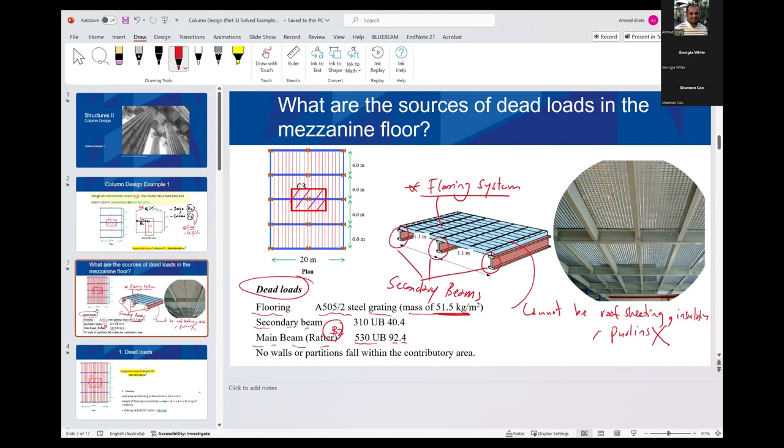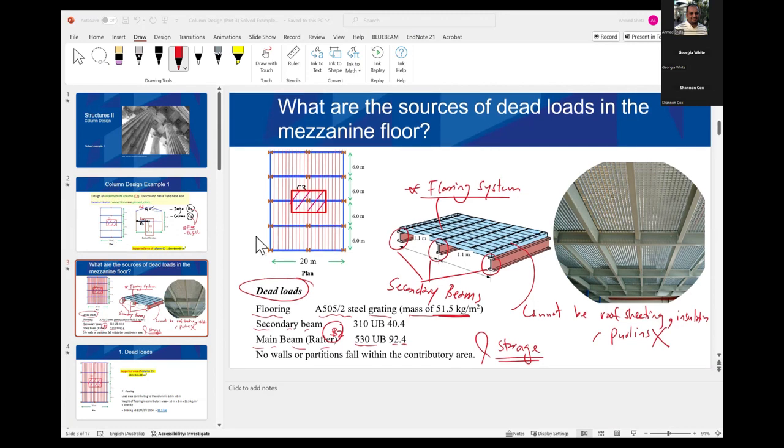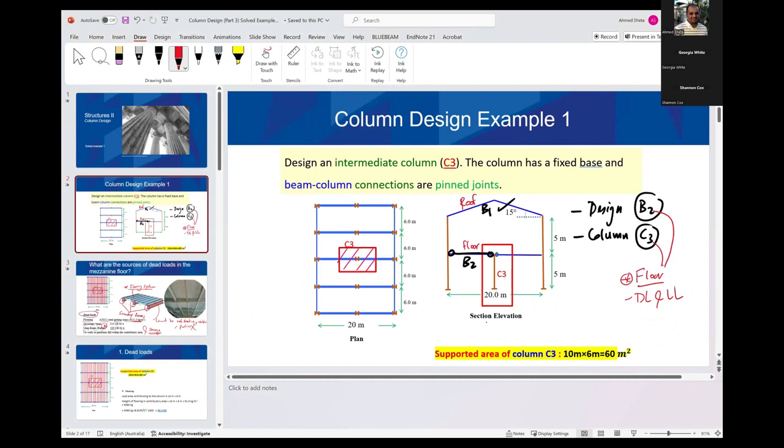And for live load, this floor will be used for storage, right? Have you seen this information? Yes, we should assume the number of secondary beams based on what you have in your project. For example, if we look here, how much is this distance? 10 meters, right?